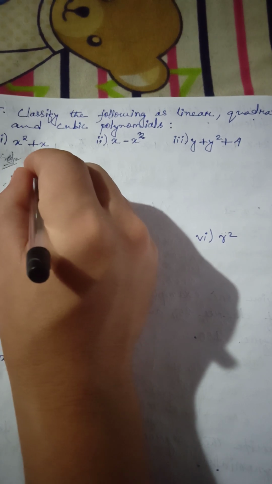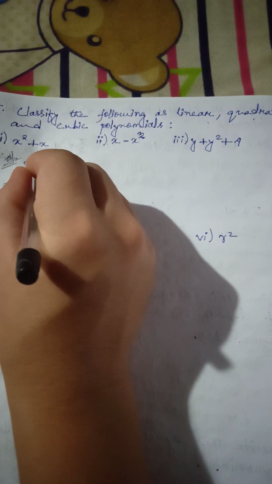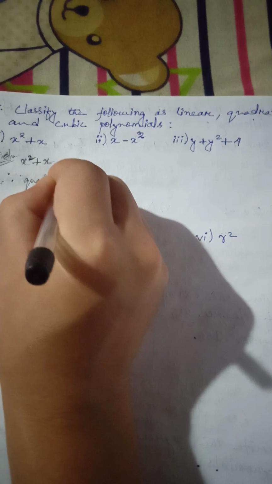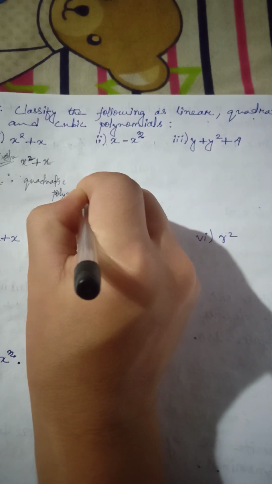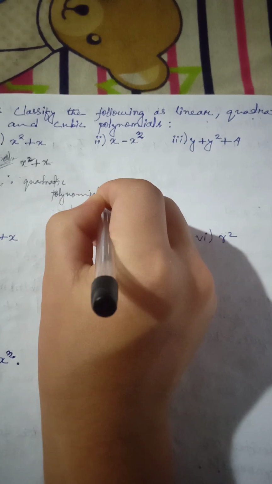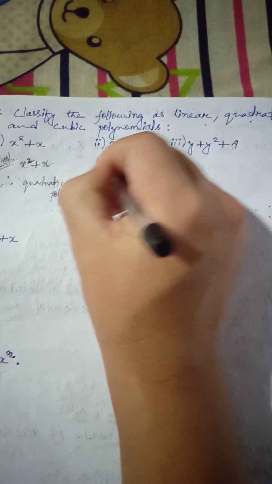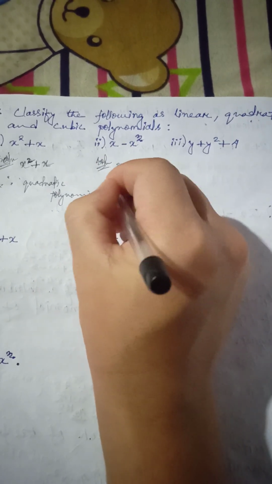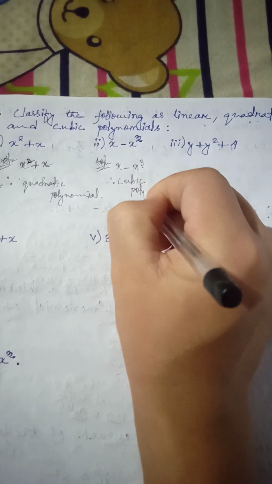If the highest power is 2, then we call it a quadratic polynomial. And if the highest power is 3, then we'll call it cubic. Here the highest power that we have is 3. That means it will be a cubic polynomial.